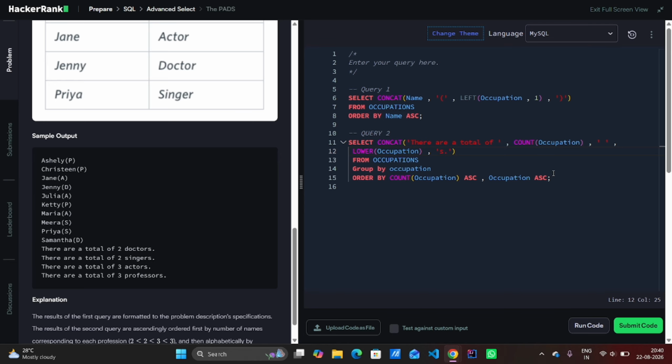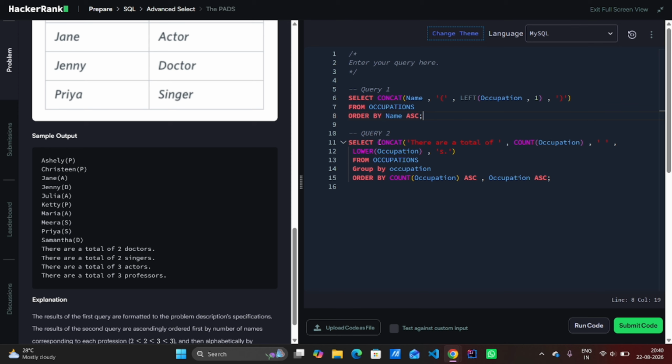I will quickly explain once again. We select and concatenate the names and then their profession's first character in parentheses, from the occupations table, and then we just order them in ascending order of their names.